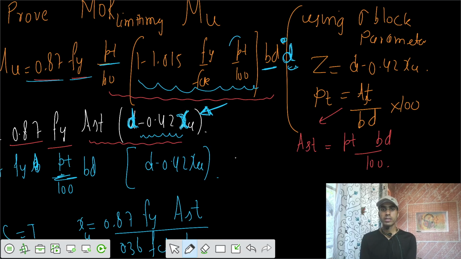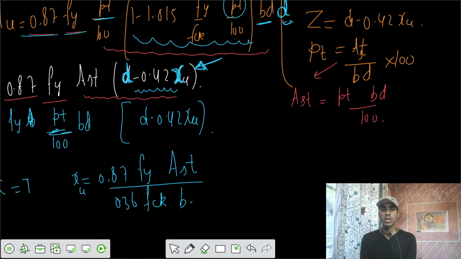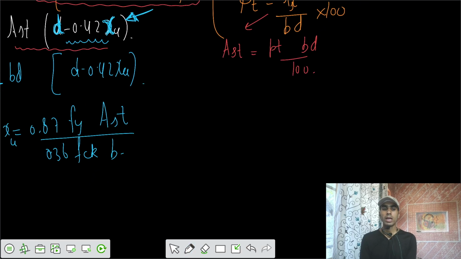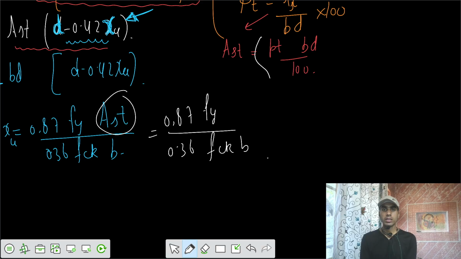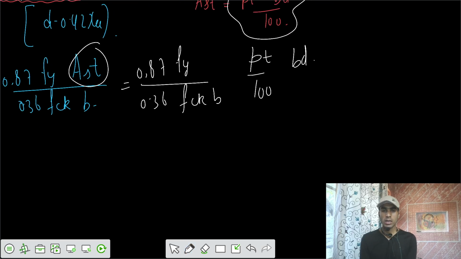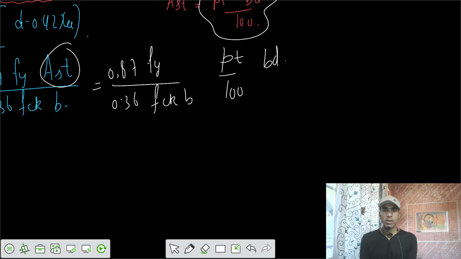We have the Ast in terms of pt, so I have to convert the Ast again. 0.87 fy by 0.36 fck b. Then we have Ast, which is pt by 100 into b into d. Some sort of value we can have from here.